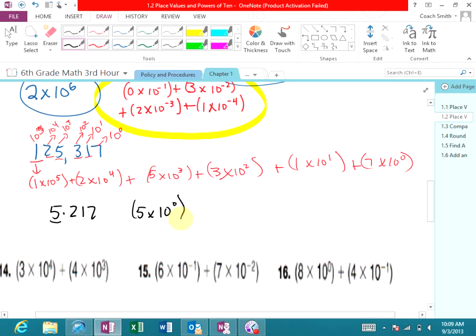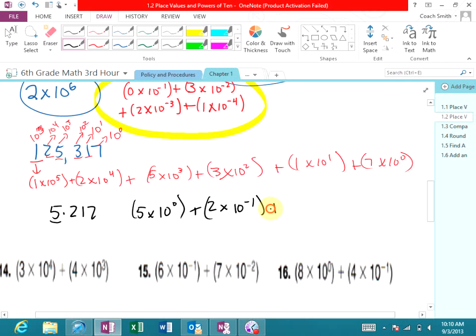Now, to move to the right, I decrease. If this is 10 to the 0 and I'm decreasing, what would this have to be? 10 to the negative first. Good. So I'm going to put the addition sign and go 2 times 10 to the negative first power.